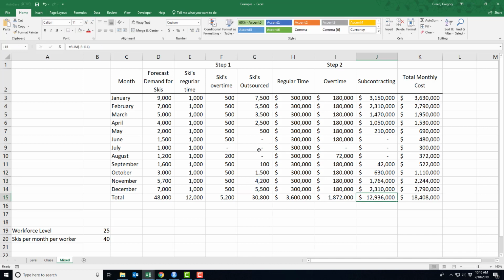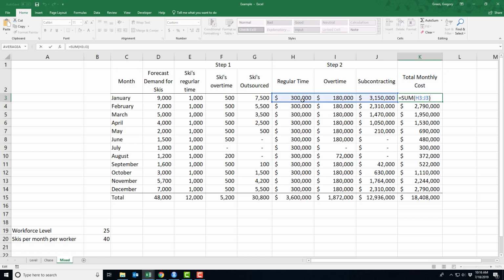So how is this level? It's level in that my labor force is never changing and I do pay them overtime. How is it chase? Well, I'm not holding any inventory. Any shortfall that I have from my 9,000 demand in January, for example, I have to fill by outsourcing. So I have each month the cost, which is just the sum of my regular time, overtime, and subcontracting. So every month, that same set of costs.